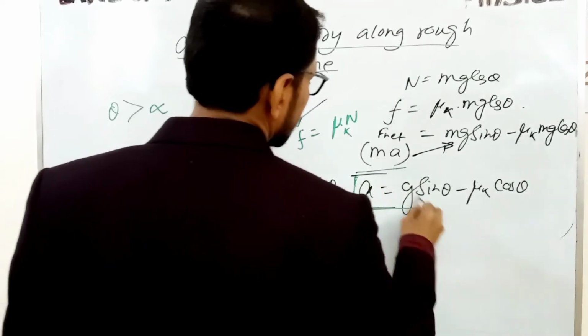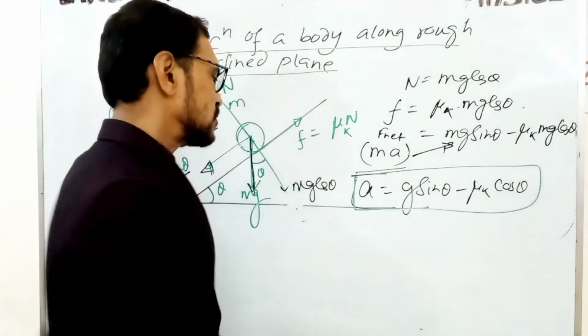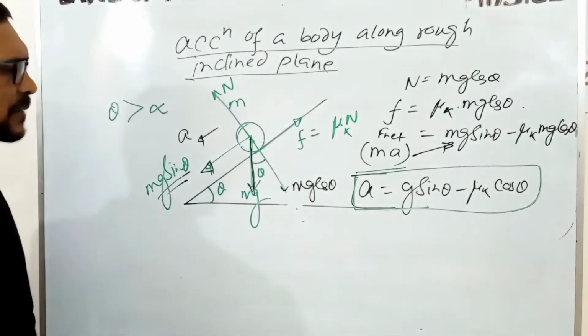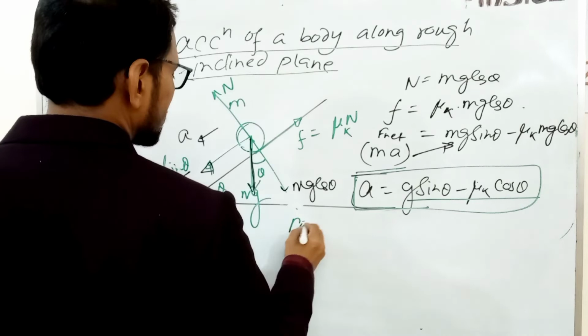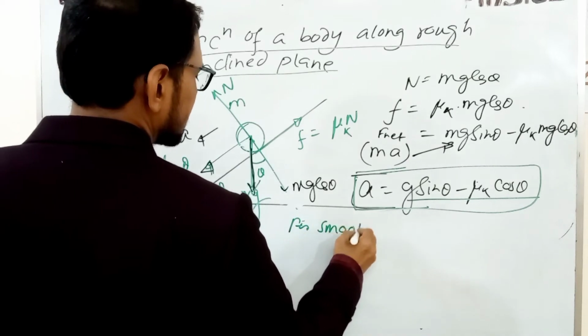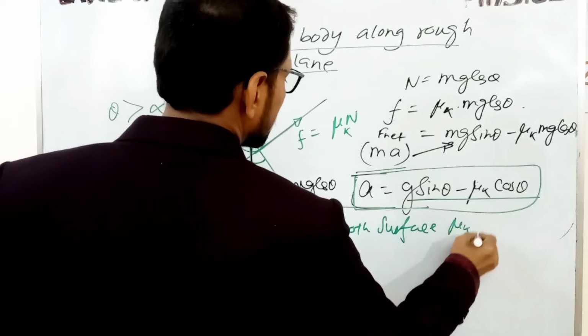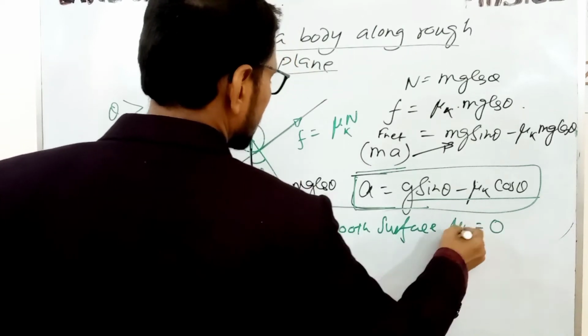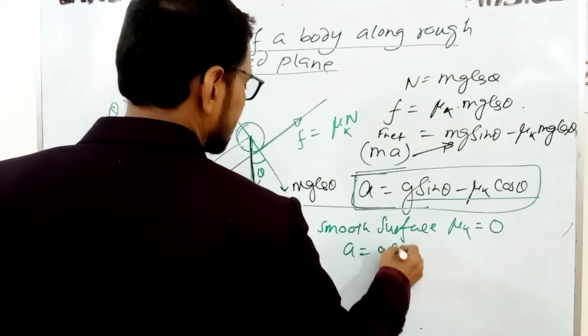A NEET student can remember this formula to solve problems. Acceleration along a rough inclined plane is g sin theta minus mu k cos theta. For a smooth surface, mu k equal to 0, that is no coefficient of friction, so a equal to g sin theta.